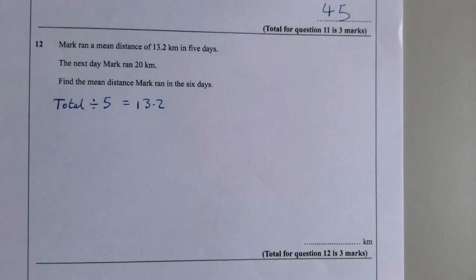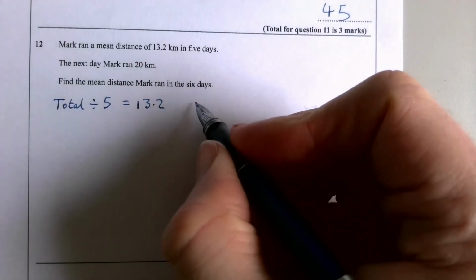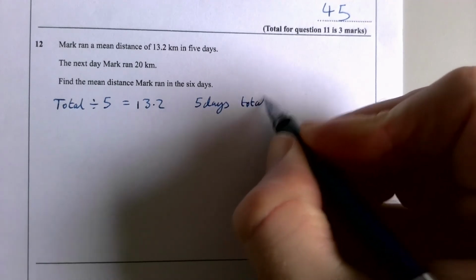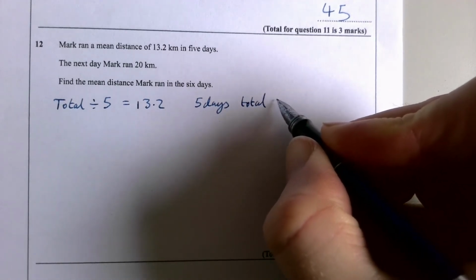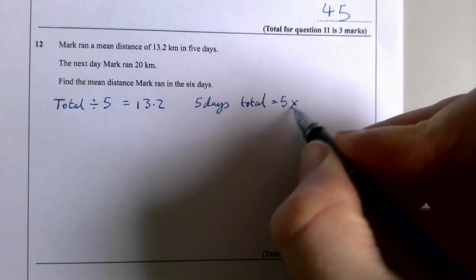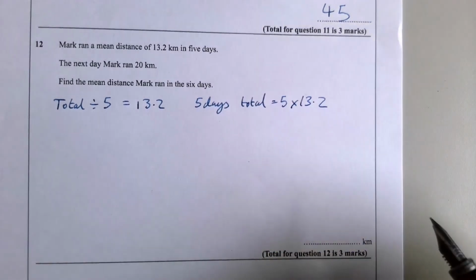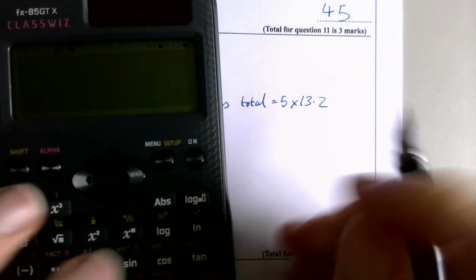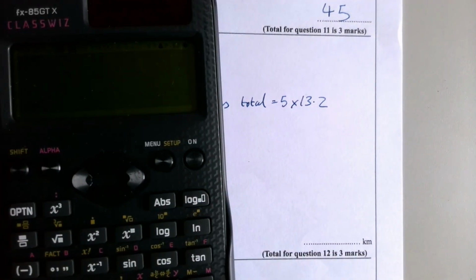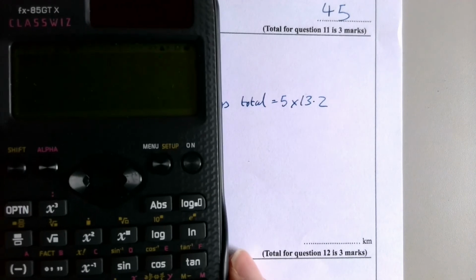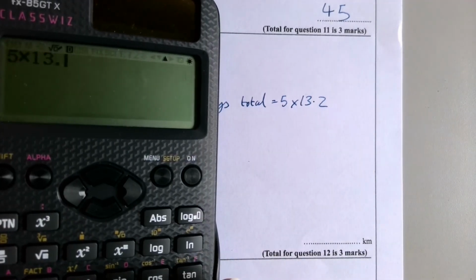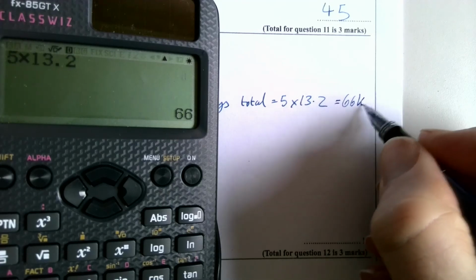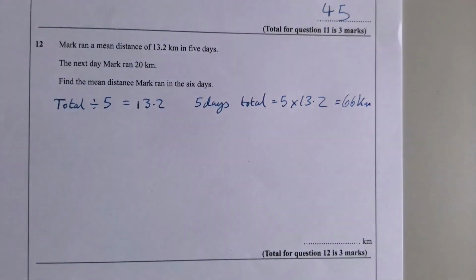So in those first 5 days, he would have gone 5 times 13.2. Now we can always do that in the calculator, but you see that I'm writing down what I'm putting into the calculator as my working. If we can see that screen there, that's better. That gives us 66 kilometers run in the first 5 days.